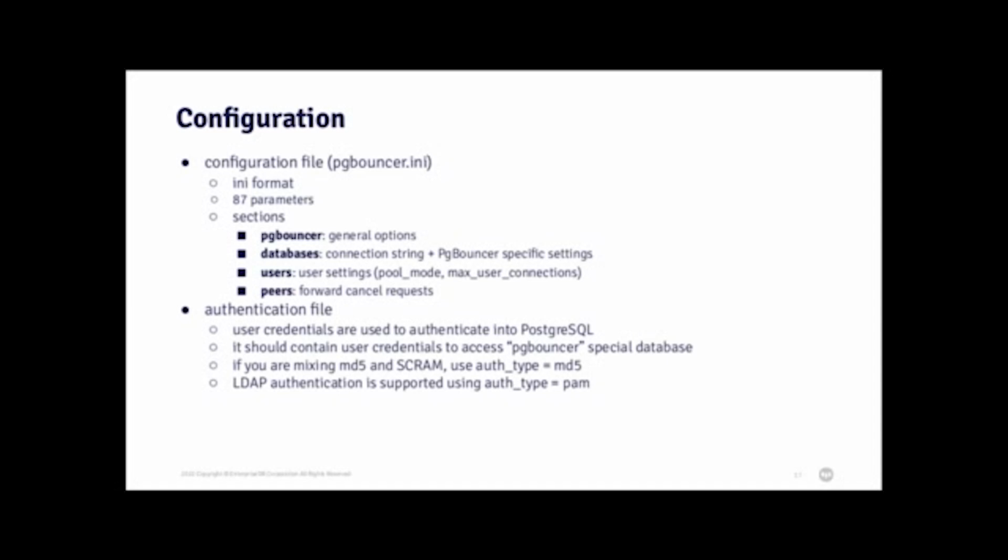Well, so we have the configuration. The configuration is really simple. We have a file called pgbouncer.ini. It's an INI format, and the latest version has 87 parameters. It's divided into 4 sections. We have the main section called pgbouncer. We have a section called databases where you define your pools.